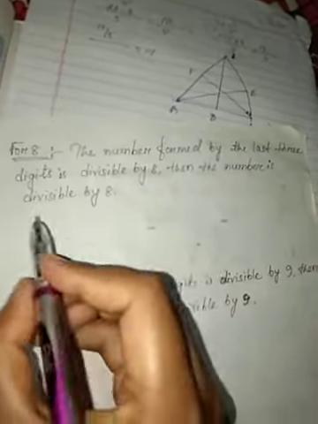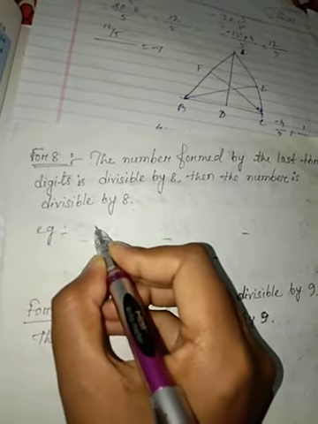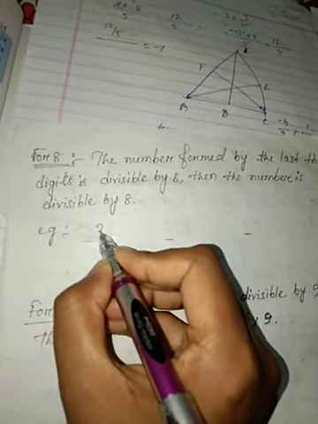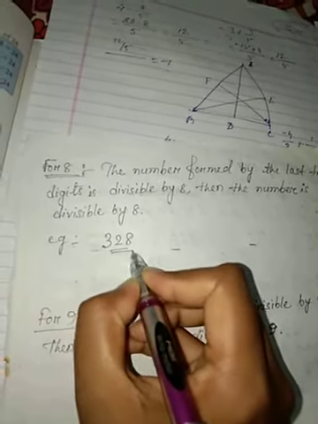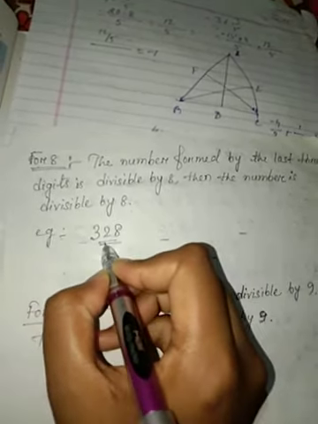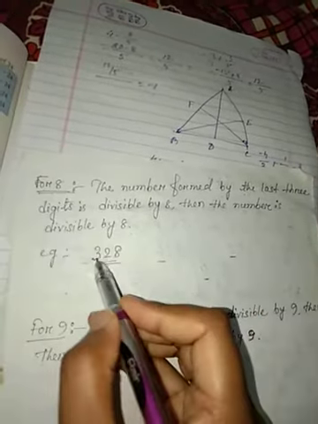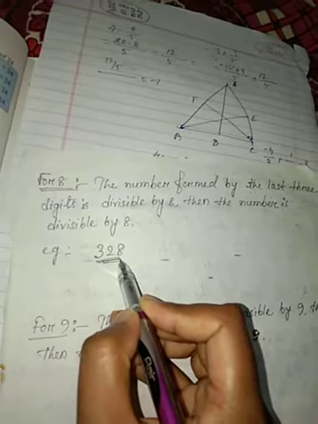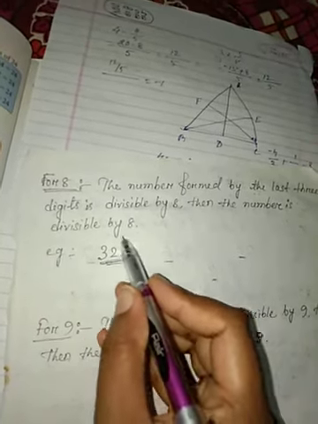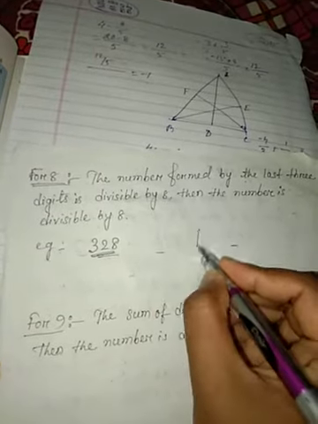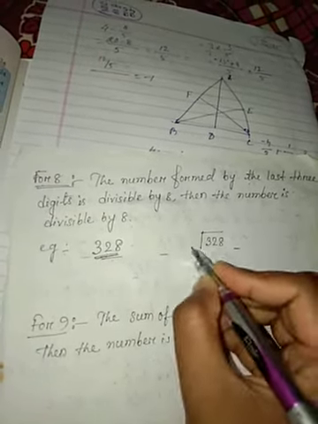So see, I take an example: 328. This is a 3-digit number, so the last 3 digits are the whole number itself. We take the whole number for the test.